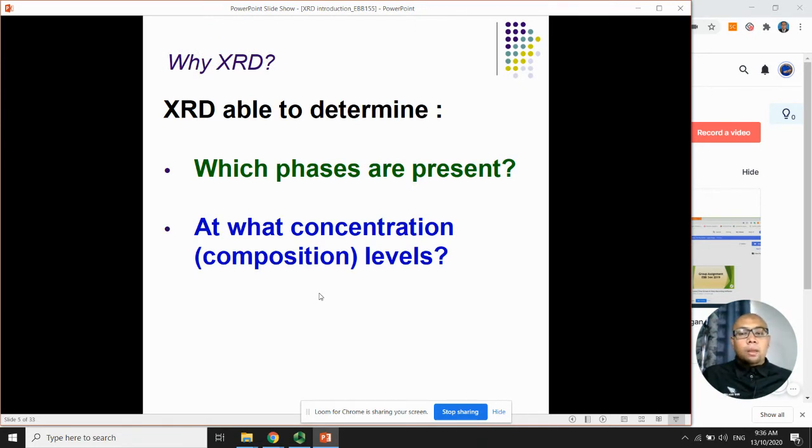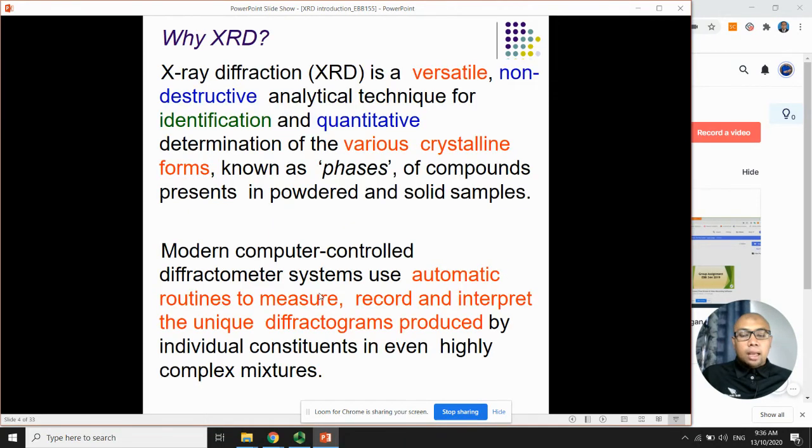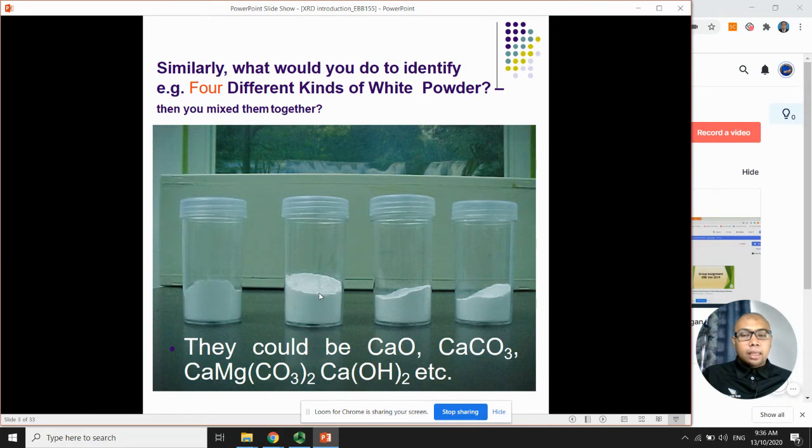What is the ability of XRD? Number one, XRD can measure what phases are present in your material. Going back to this slide, as I mentioned just now, when you mix those four samples in one container, you can identify that this powder belongs to calcium oxide and this powder belongs to calcium carbonate.